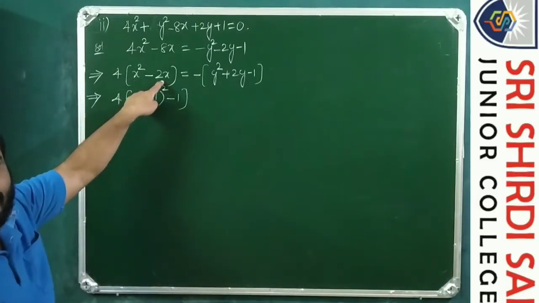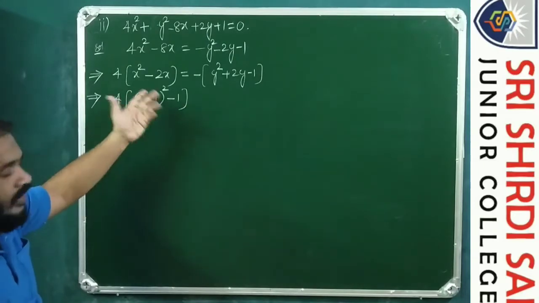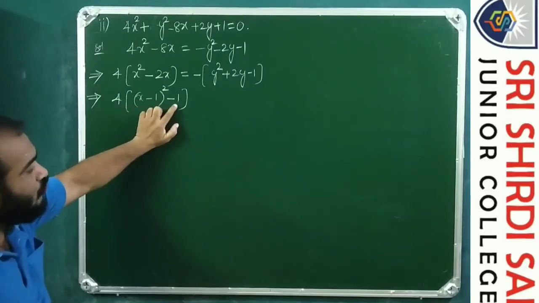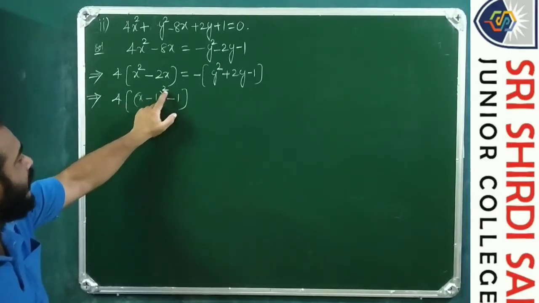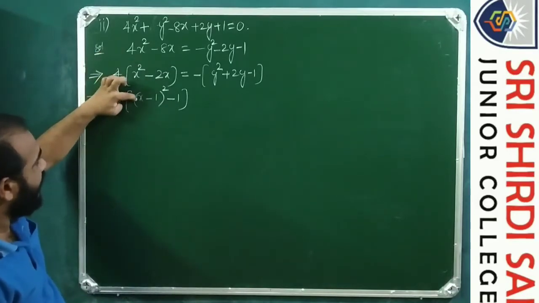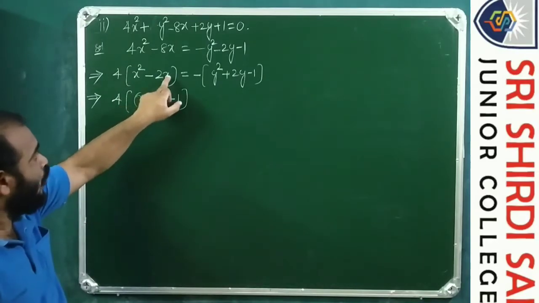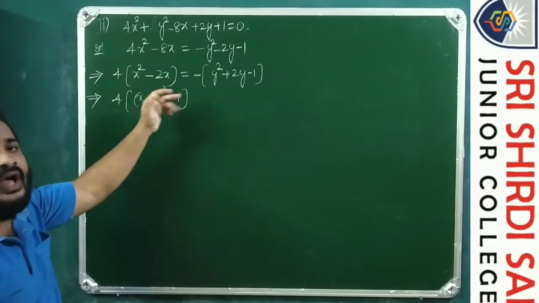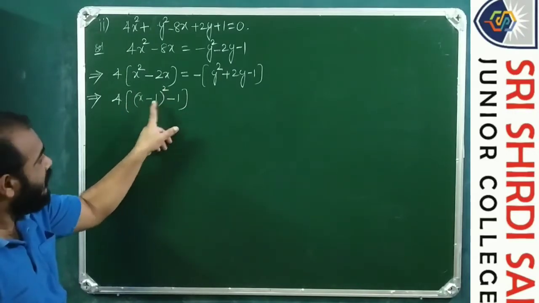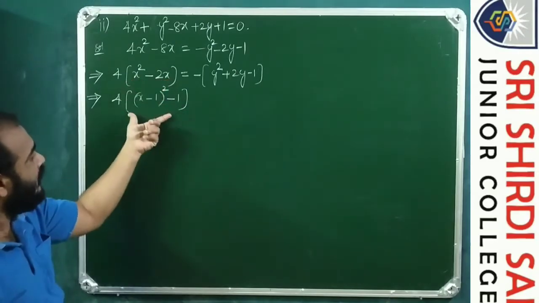This x square minus 2x can be written simply as (x minus 1) whole square minus 1, and you may even check it. x square plus 1 minus 1 gets cancelled, and the middle term is minus 2x. So how did I write it? x square, you write x. Minus is there, you write the same minus. The coefficient of x is 2; half of it is 1, to complete the square. Minus outside, 1 is there, its square you write. So this could be written like this.